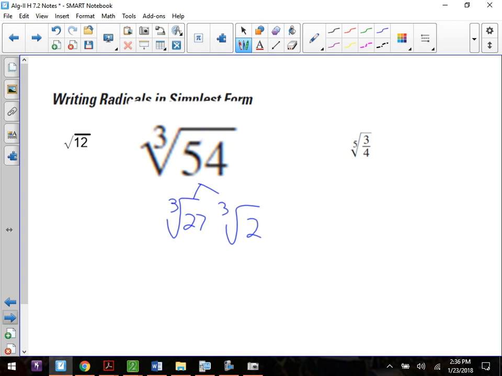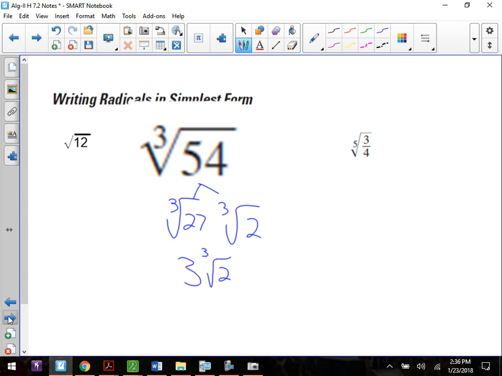So it's 3 cubed is 27. 54 divided by 27 is 2. So as the calculator will help you with that, your answer would have been 3 cube root 2. So you simplify these the same way as you would earlier, but the subtle difference is that you have an nth root now as opposed to just plain square roots.